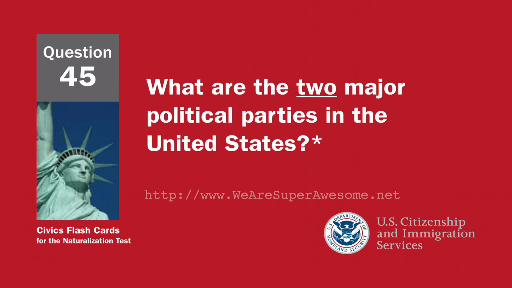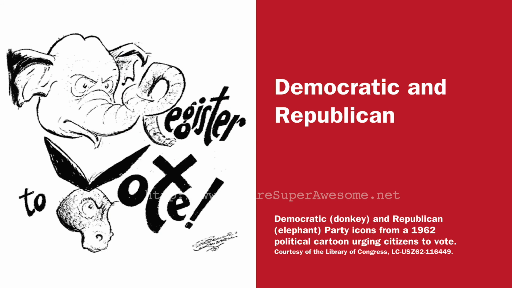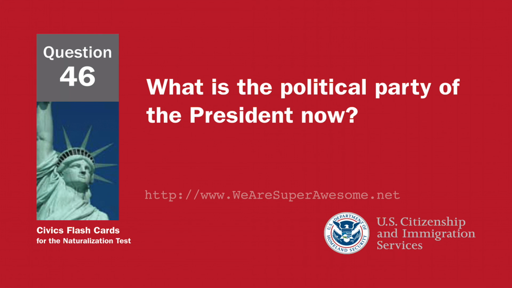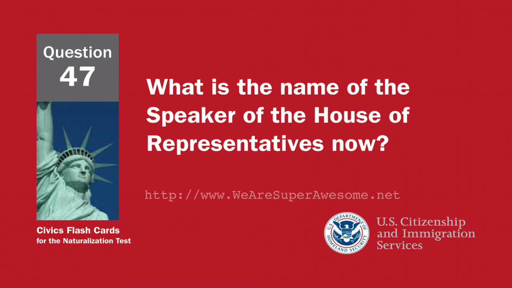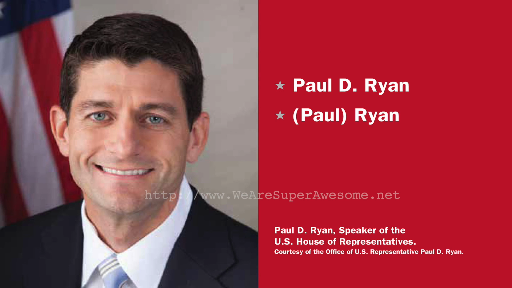What are the two major political parties in the United States? Democratic and Republican. What is the political party of the president now? Democratic Party. What is the name of the Speaker of the House of Representatives now? Paul D. Ryan.